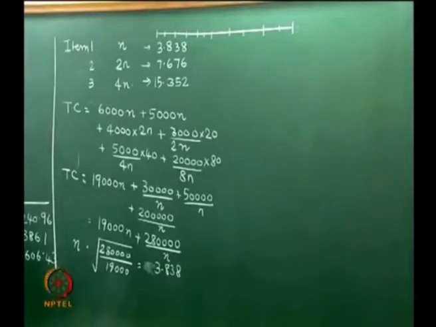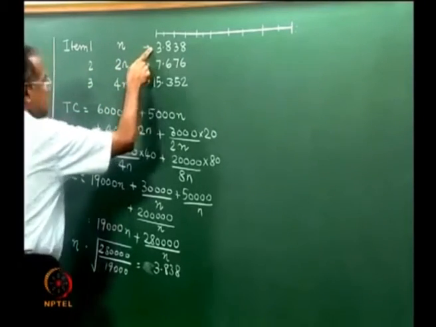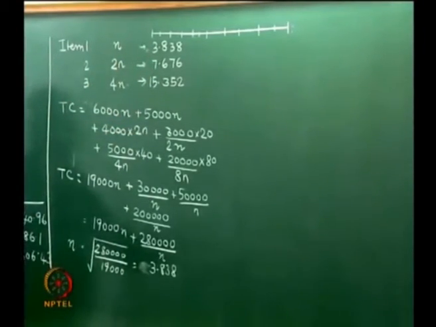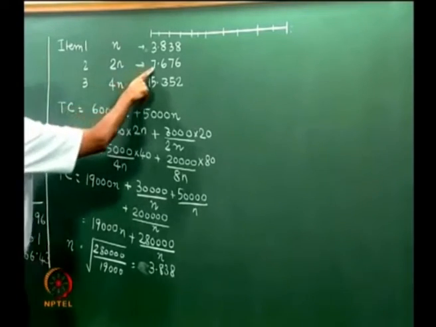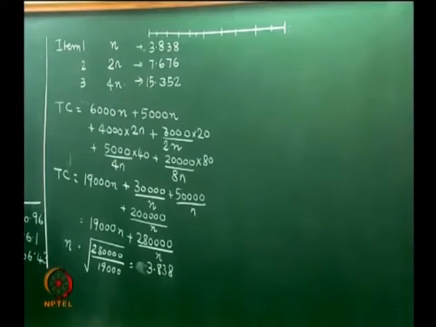So, the order quantity for this will be 3000 divided by 3.838, which is roughly less than 1000. This will be 5000 divided by 7.676, 20,000 divided by 15.352.